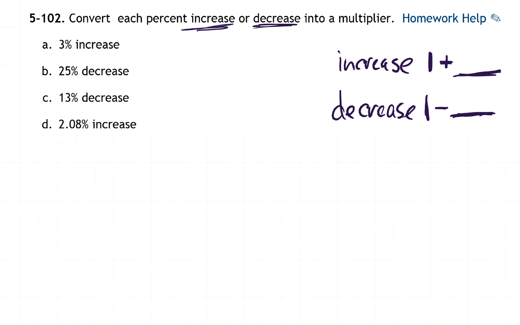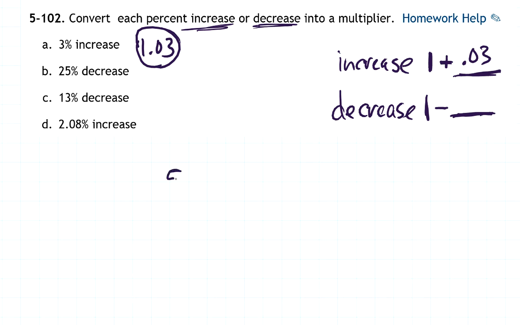So if I'm looking at, for example, a 3% increase, that is 1 plus 0.03, or 1.03 is my multiplier.